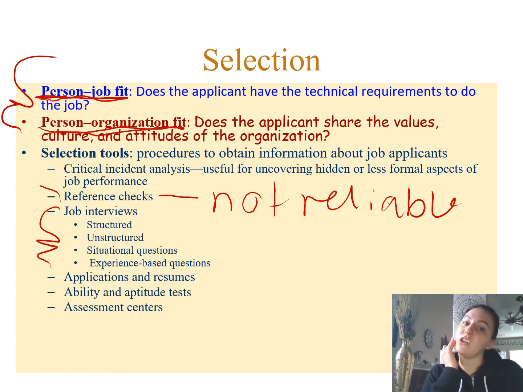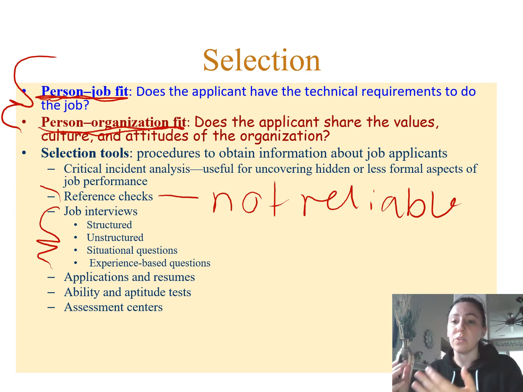So we have situational questions, and then we have experience-based questions. What are situational questions? These are the types of questions where the interviewer will ask hypothetical questions about certain scenarios that they could experience on the job. Okay, and then they would just want to know what their response is, like how they would handle that situation.